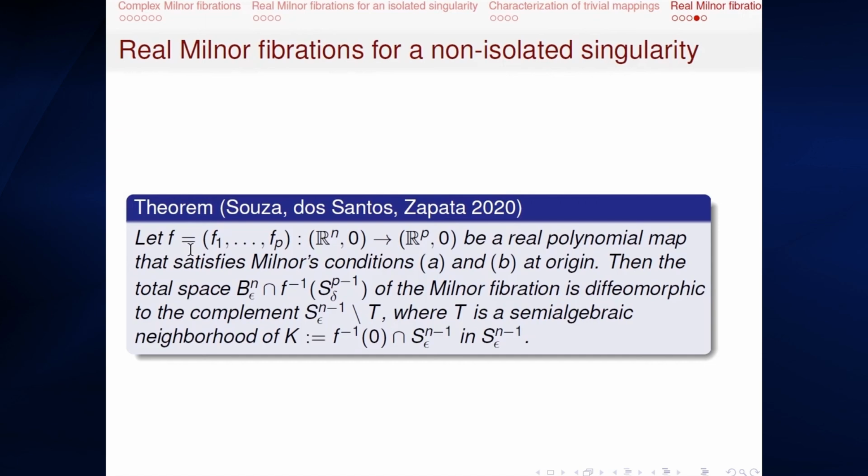If f is a polynomial map that satisfies Milnor conditions A and B at origin, then the total space of the Milnor fibration is diffeomorphic to the complement of a semi-algebraic neighborhood of the link.